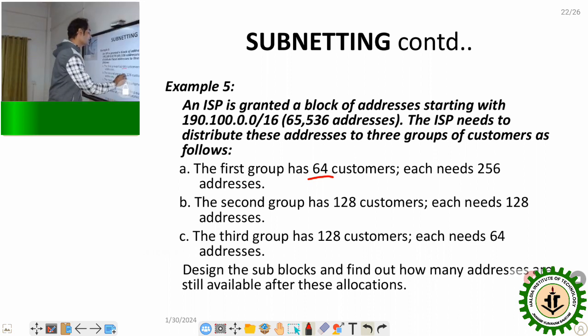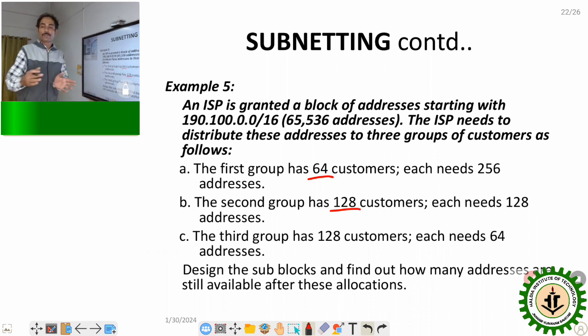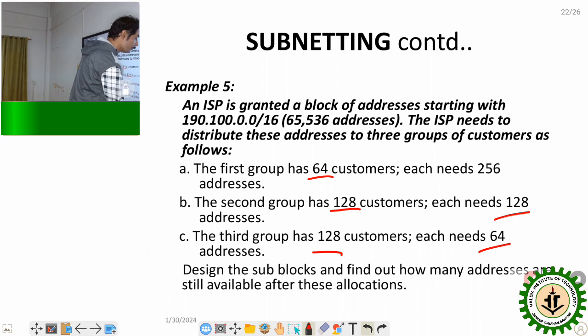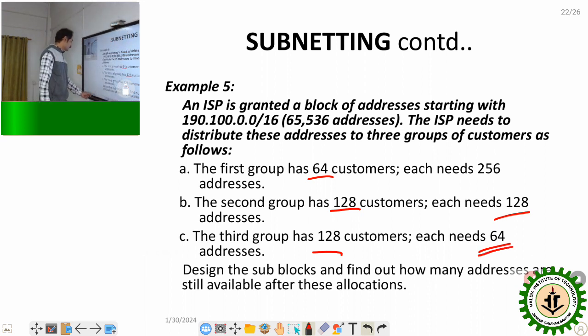In the second group we will have 128 customers, that is, each customer will be given a block with this number of addresses. And in similar fashion, for the third group, another 128 customers are there, each of them requiring 64 addresses. Now we are proceeding with this problem.